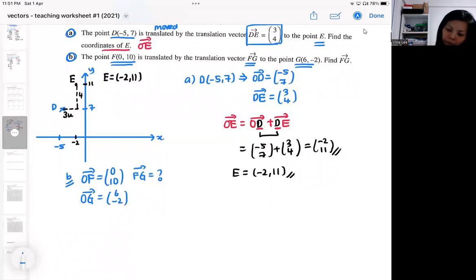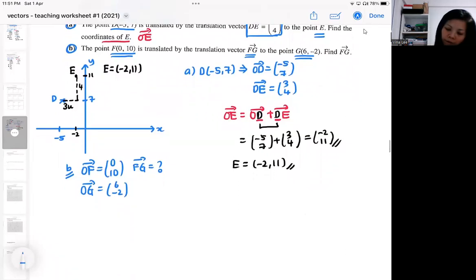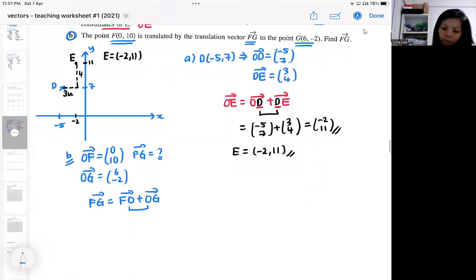But of course, we're going to be using the fill in the blank idea. In fact, you can do a fill in the blank with this. If you fill in the blank, it will be FO plus OG. And of course, you have to reverse to get the position vector.